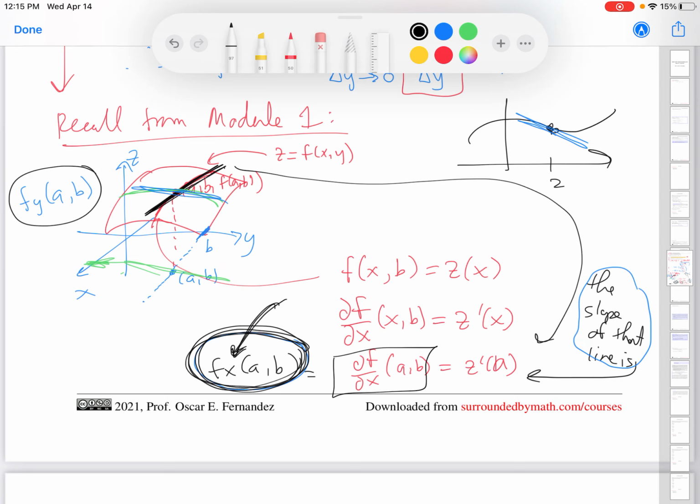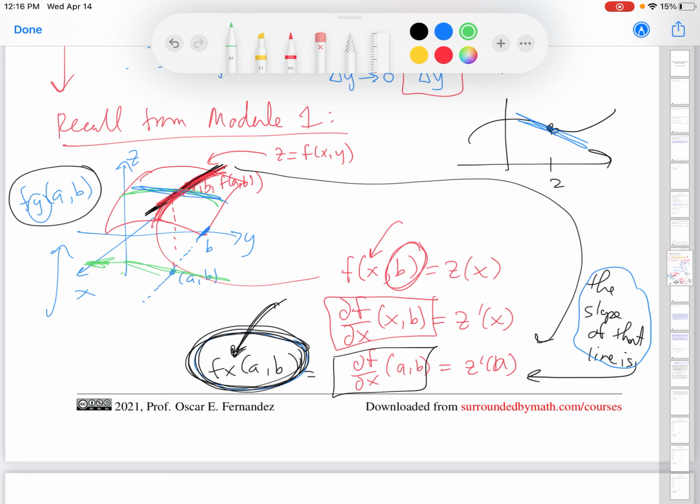In the fx case, that was the original picture here, the red curve that I generated. There we were holding the y value constant and letting x vary. So when we took partial derivatives, we were finding slopes of tangent lines to that curve. Whereas over here, I would let the y variable vary.